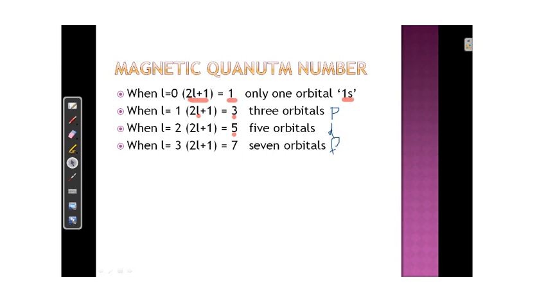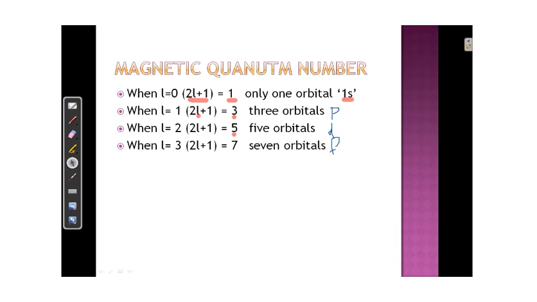Therefore these 3 orbitals are in the x, y, z planes, that is px, py and pz. And when l is equal to 2, according to 2l plus 1, there are 5 orbitals in the case of D subshell. And when l is equal to 3, there are 7 orbitals in the case of F subshell.